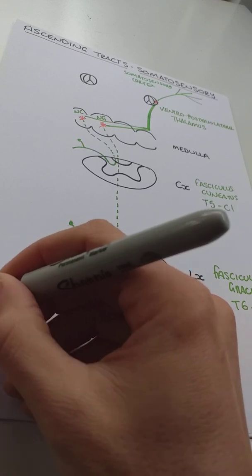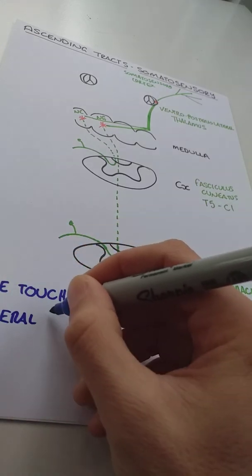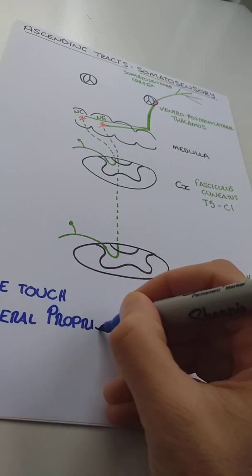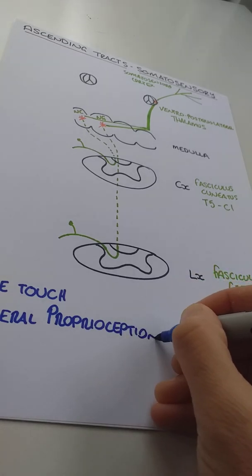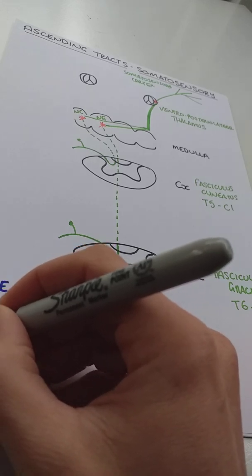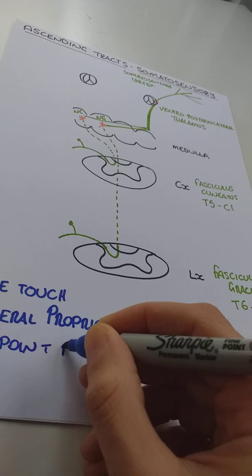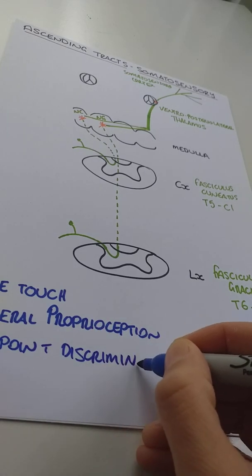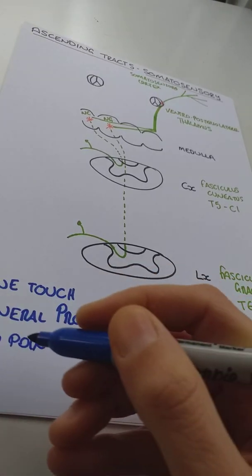General proprioception, two-point discrimination, so discriminative touch, and vibration.